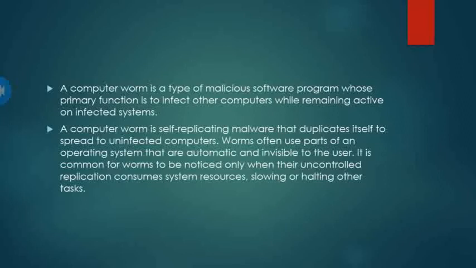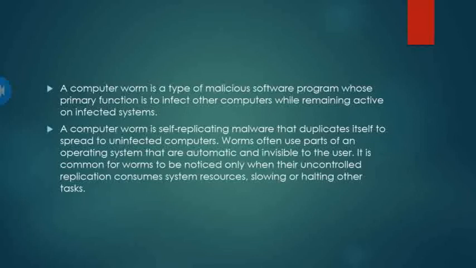A computer worm is a type of malicious software whose primary function is to infect other computers while remaining active on the infected system. It remains active on the infected system, and from that system tries to infect other computers.